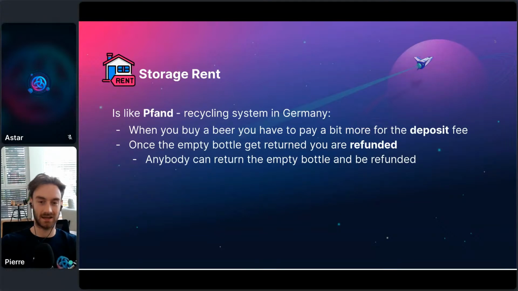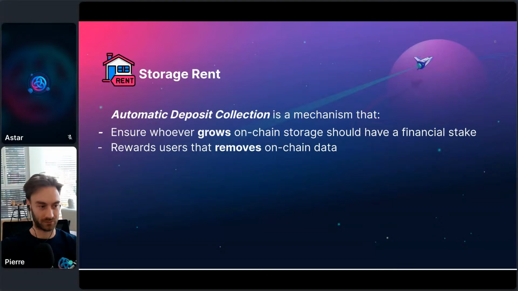This is exactly the same for storage rent in Wasm smart contracts. We call it automatic deposit collection. It's a mechanism that ensures that whoever grows on-chain storage has a financial stake, and whoever removes on-chain data gets refunded.